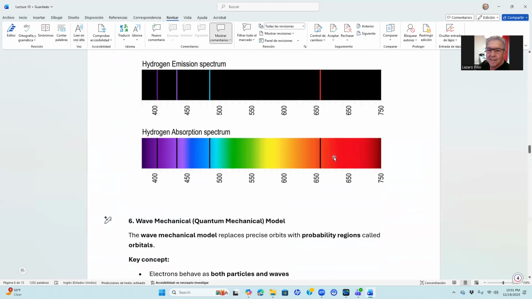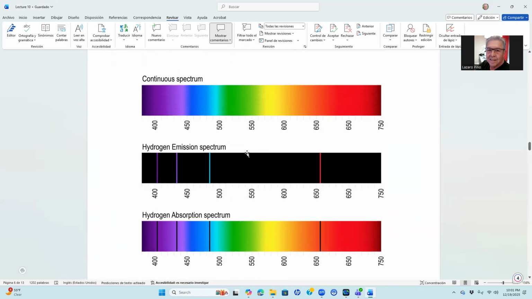Okay, let's see. Here you can see the spectrum. This is a continuous spectrum, but in the atoms, what you get are lines. This is the emission spectrum, in this case for hydrogen.